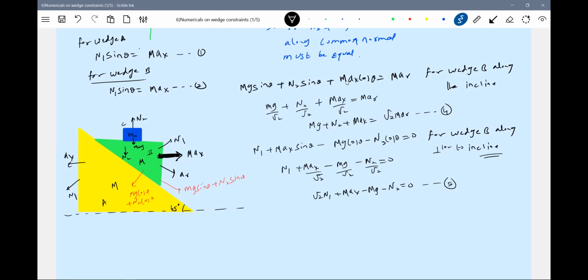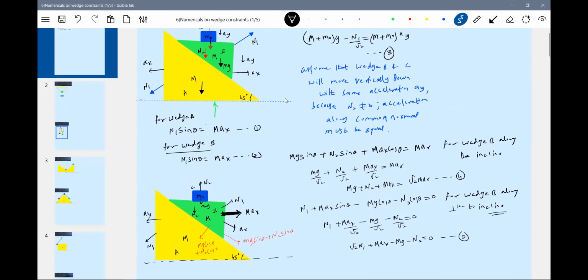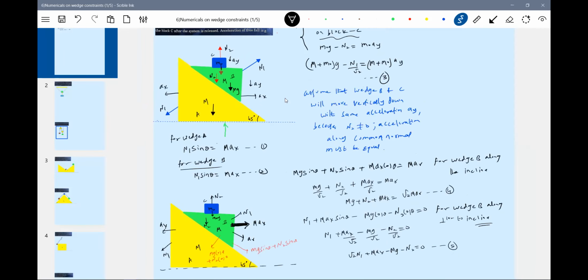Still we are unable to do anything. Let me do one thing. N1 by root 2, shall we write MAX, N1 sin theta equal to MAX? I think the complete description is available except the question. Now it is only simplification: putting that equation in this, putting this equation in that.